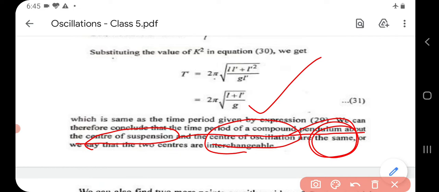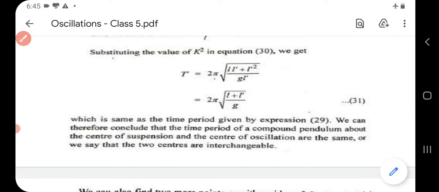That means these two centers are interchangeable. The time period you get at the center of suspension is the same as the time period you get at the center of oscillation.